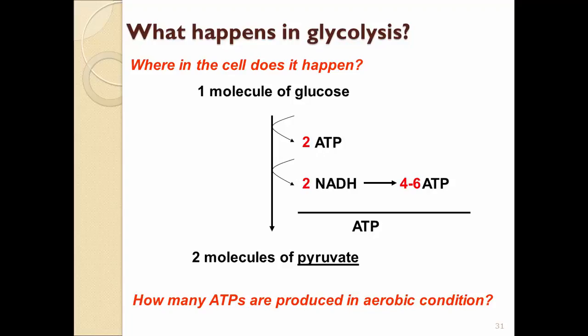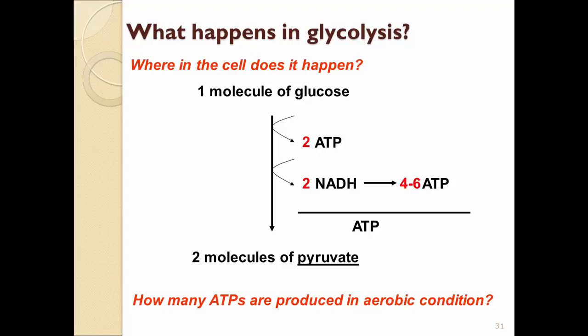So NADH produced in the cytosol from glycolysis needs to be transported into the mitochondria, and because it's not membrane permeable, it's not able to freely enter the mitochondria. So it requires a transporter or shuttle system, and depending on which shuttle system transports NADH into the mitochondria, that determines how many ATPs are produced in the mitochondria.